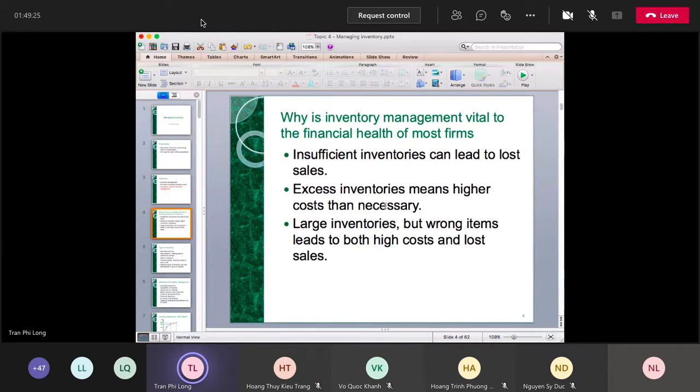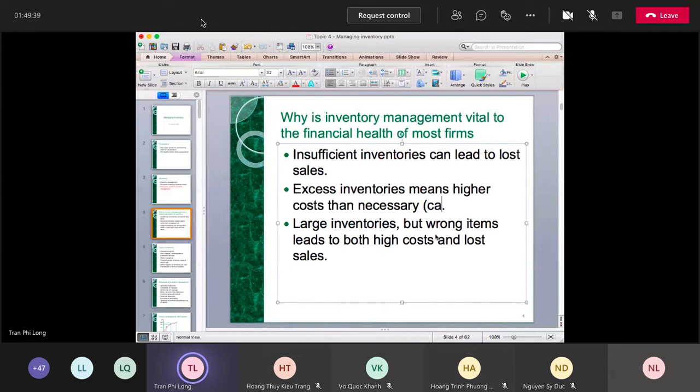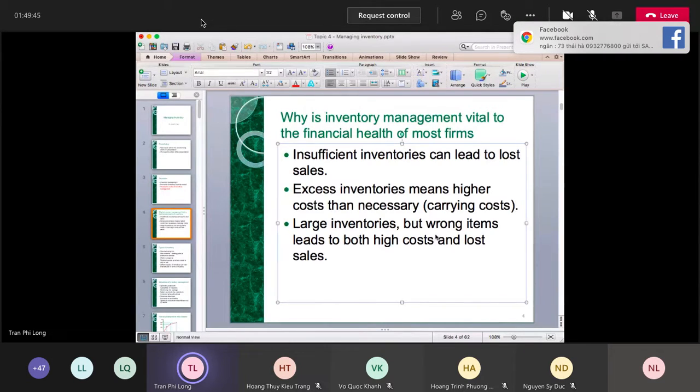However, if you store a lot of inventory more than necessary, you will have to pay a lot of cost. The cost related to storing the inventory, we say that is the carrying cost. Carrying cost may be the warehouse cost, maybe the insurance cost, or maybe the obsolescence cost.